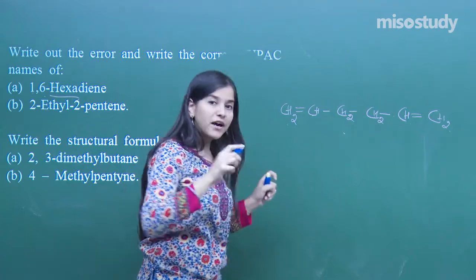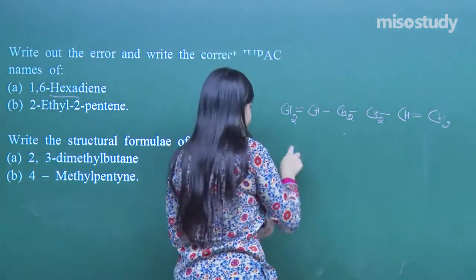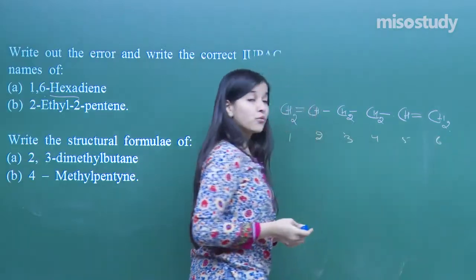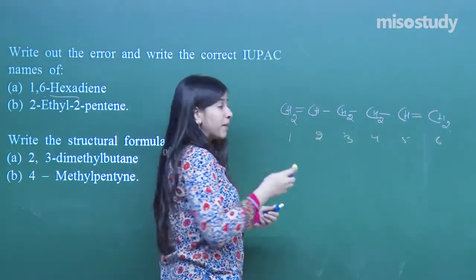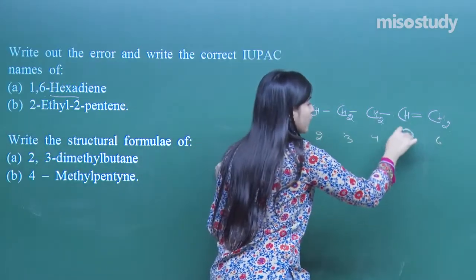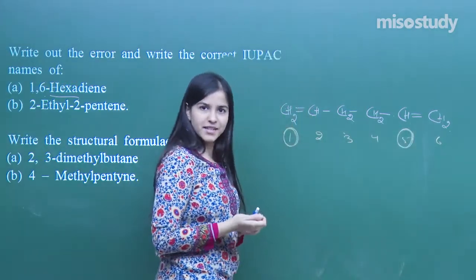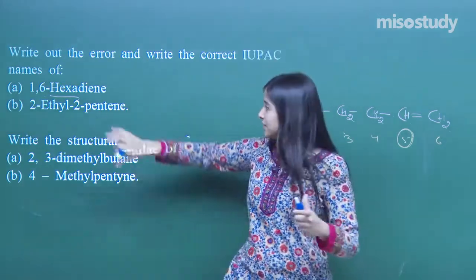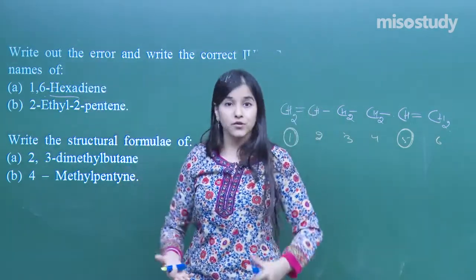See here, if I would have numbered it 1, 2, 3, 4, 5, 6, what should be the location for the double bonds? 1, 5 it should be, not 1, 6, right? So all in all, this particular name results in a wrong structure.